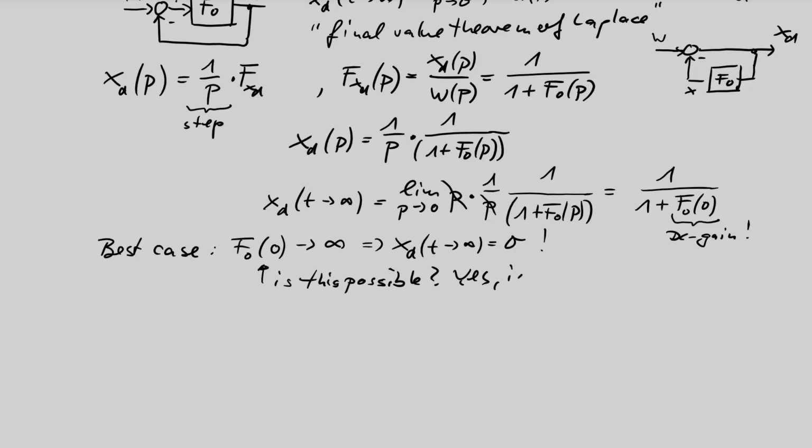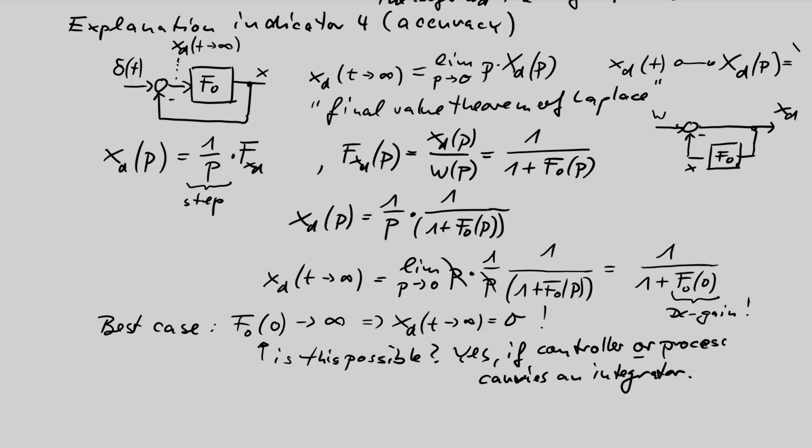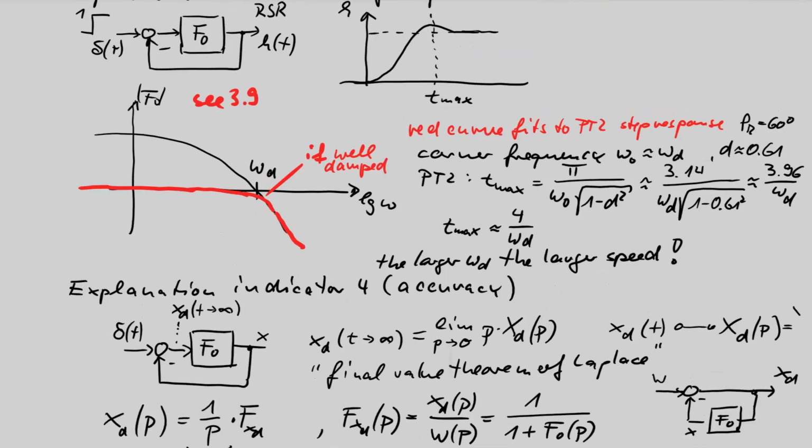Yes, if a controller or process carries an integrator. So if you want to have 0 control error, work with a PI controller, work with a PIDT1 controller, or if the process, look for open loop.